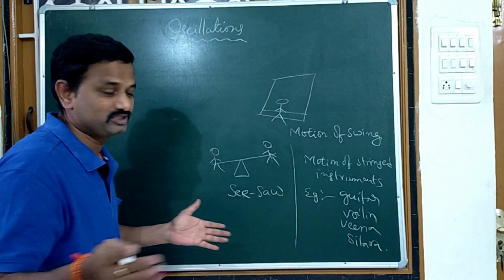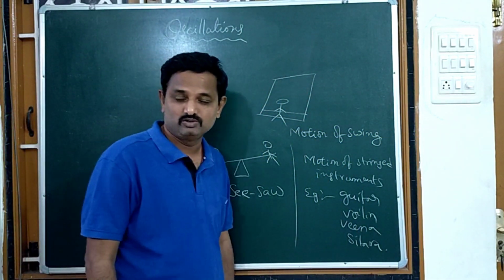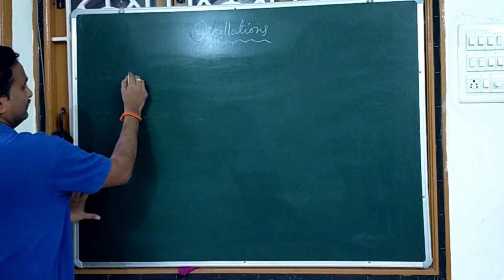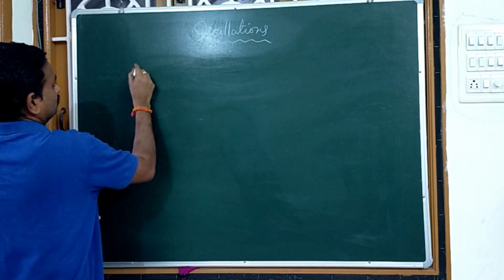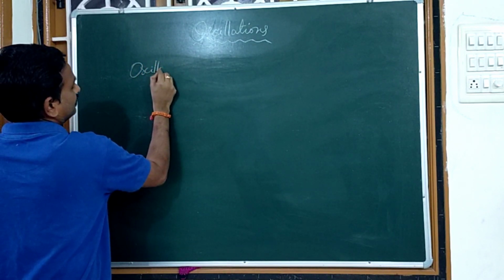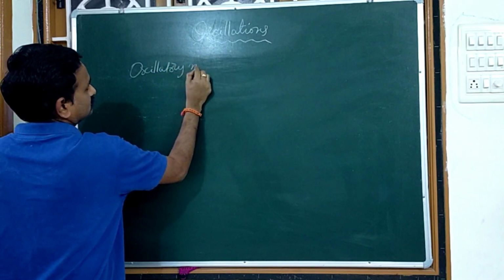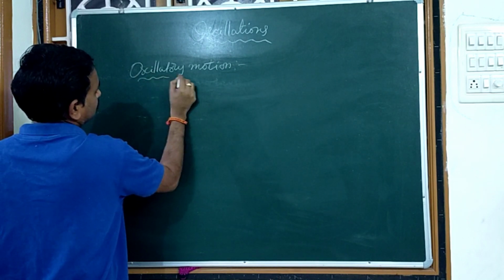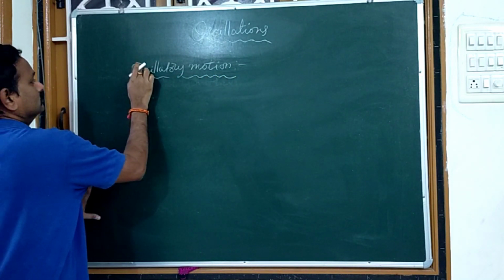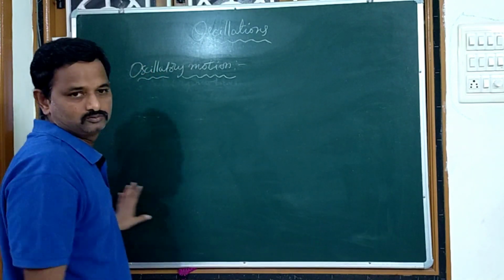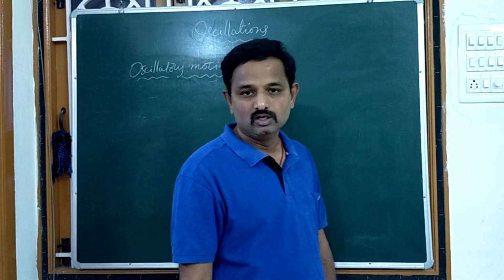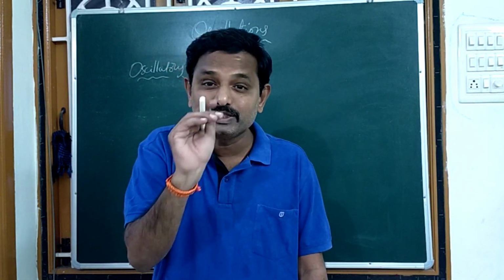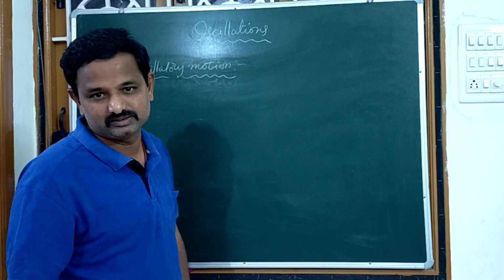So what is oscillatory motion? Now we will discuss oscillatory motion. To and fro motion of a body about a fixed point is called oscillatory motion.